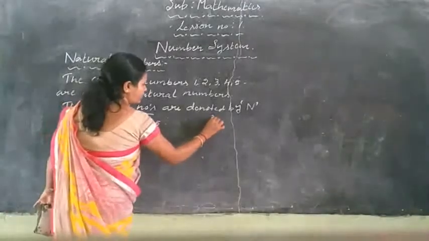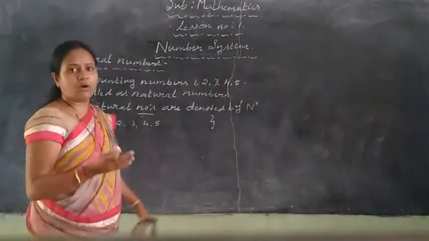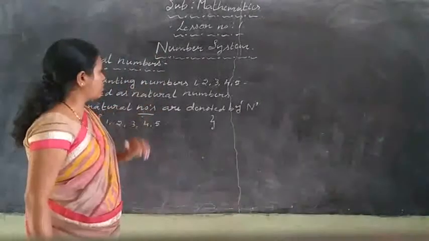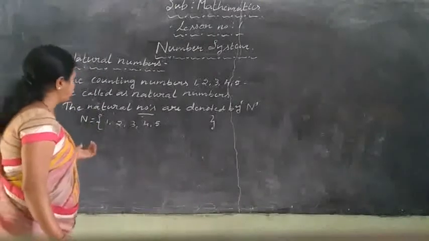We can write up to any number, which is infinity, countless. We can write 1,000 crores like this. So the counting numbers are called as natural numbers.